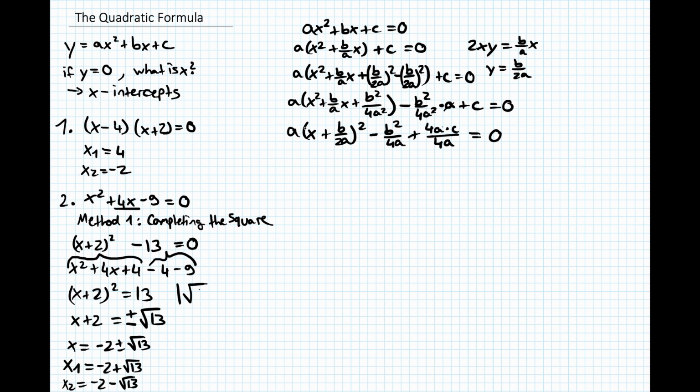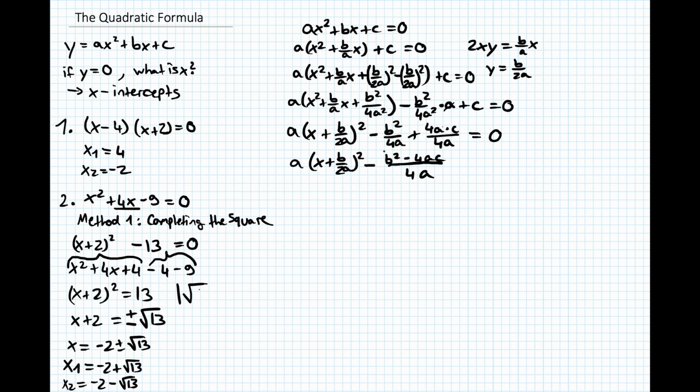Alright, so now we'll just write this as one fraction, which is equal to minus b squared minus 4ac all over 4a. Now we have the negative at the top because there's a minus in front.